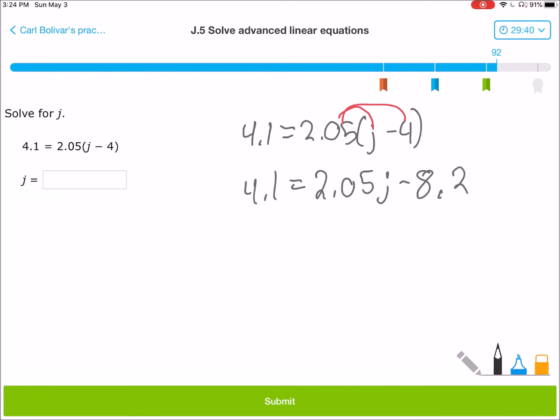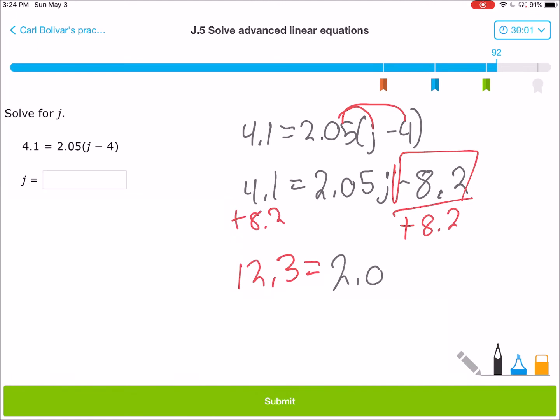Alright, so now I will try to take this to the other side. What I'm going to do is add 8.2. What we have now is 12.3 is equal to 2.05j. Now let's divide each side by 2.05.